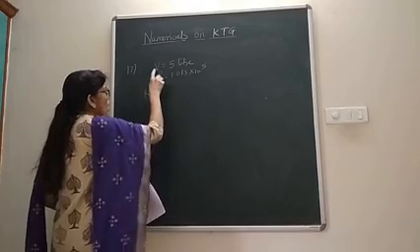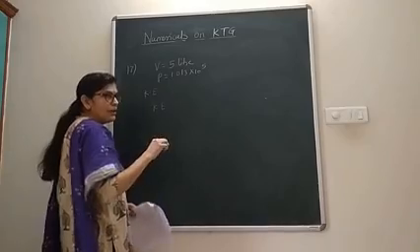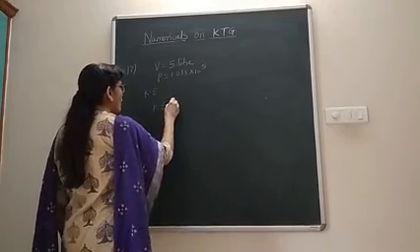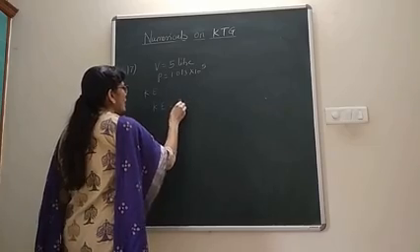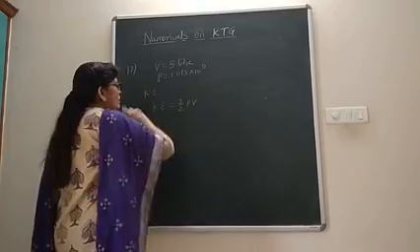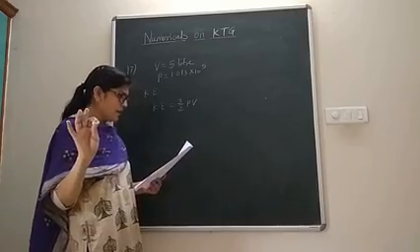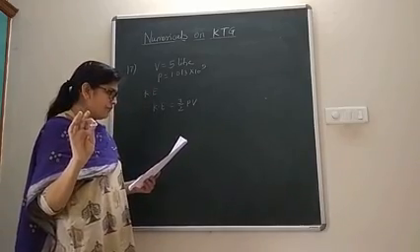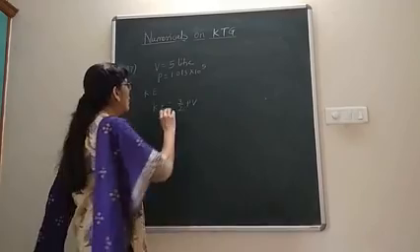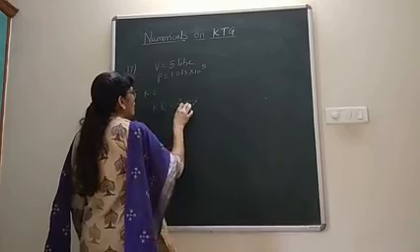So how to write kinetic energy? You know it is 3 by 2 RT for 1 mole of gas, or we can write it as 3 by 2 PV. Here V and P are given, so you have to use this equation at STP. Directly you can write 3 by 2 PV.